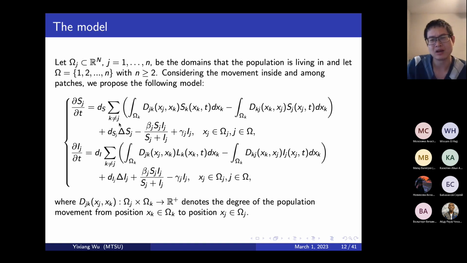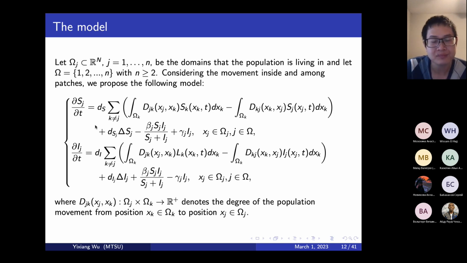Basically, you can think about this as a combination of the network model and the reaction diffusion model I just mentioned. If you let DS, DI be 0, then you just get the reaction diffusion model at each domain.